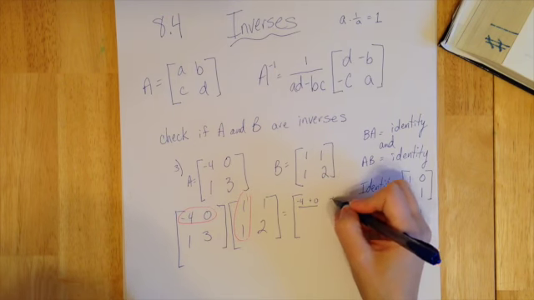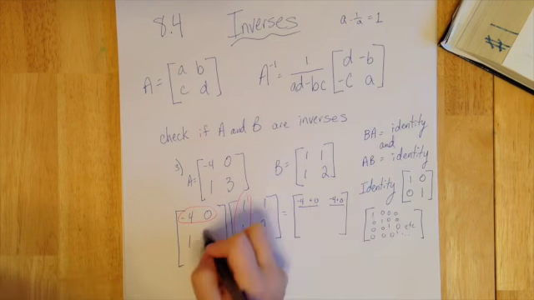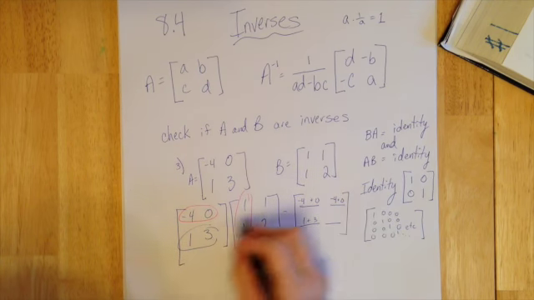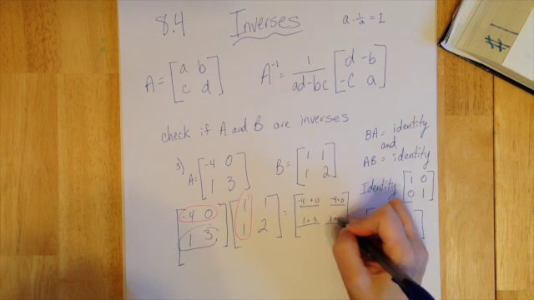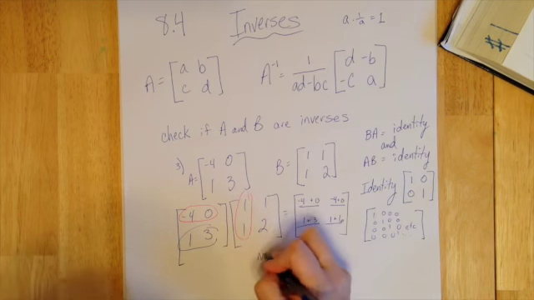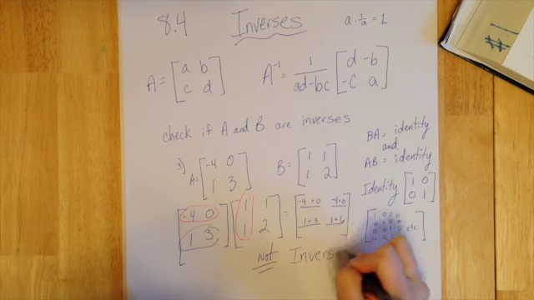For our second spot, we'll have negative 4 again, plus 0. Second row, first column, 1 plus 3, and 1 plus 6. So this is not an inverse because I do not have the 1, 0, 0, 1.